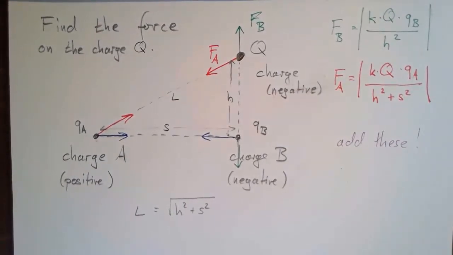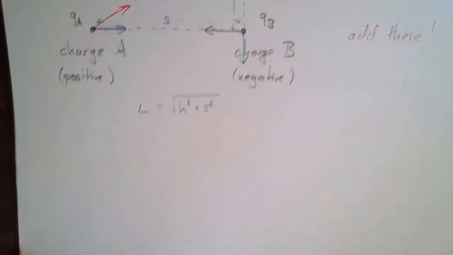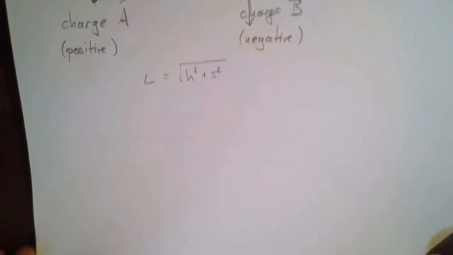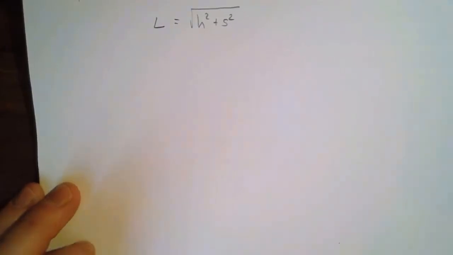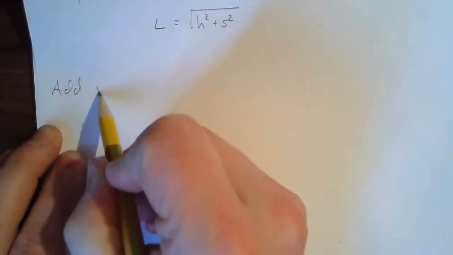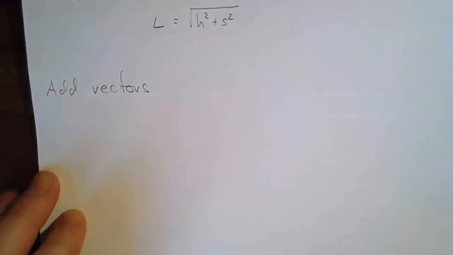Okay, so let's add those. I hope you've got these in your notes, so you can look at it. I'm going to move the paper up a little bit. Now we're adding the vectors. How do we add vectors? We add them component by component.